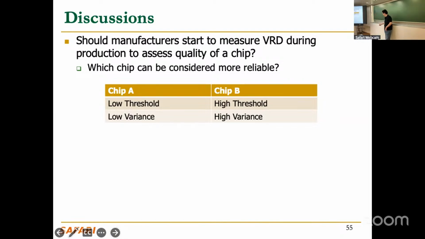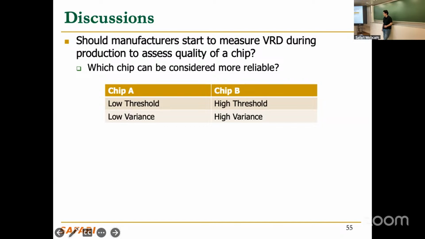Well, I assume that we would benefit more from low variance, as that would make the chip more predictable. And in terms of whether manufacturers should start doing more measurements, I doubt that would be feasible, as that would surely increase costs a lot with measurements that seem to be based on randomness to this extent.